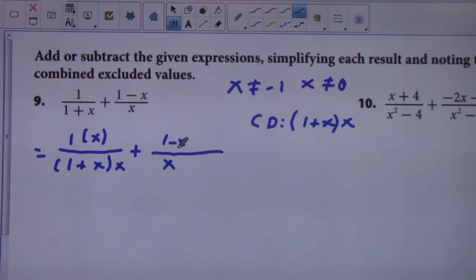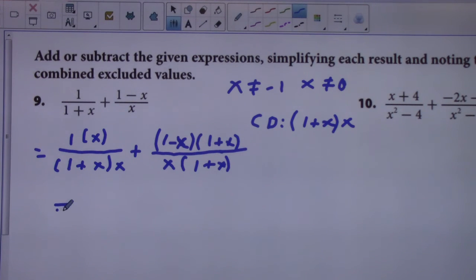So what do we need to do to common denominatorize this second fraction? What do you have to multiply by here? The same thing, or the other side? You have to multiply it by 1 plus x. So now we have our common denominator, don't we? And what do we have to multiply the top by? 1 plus x. Yeah. Okay?